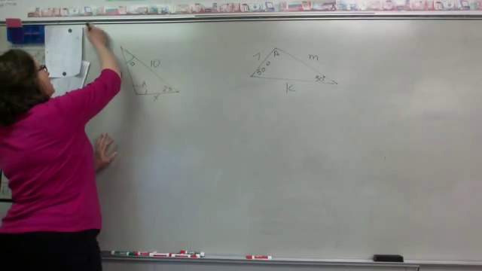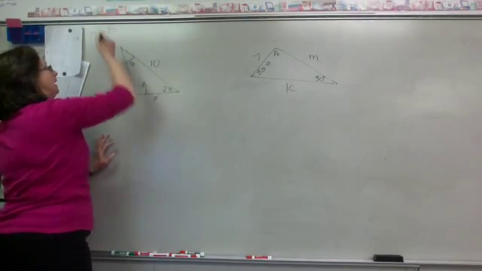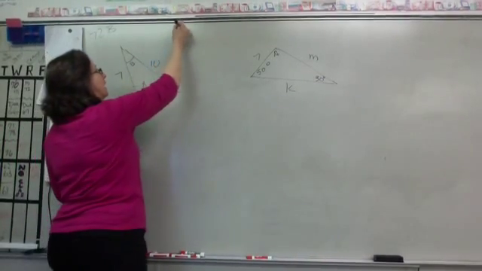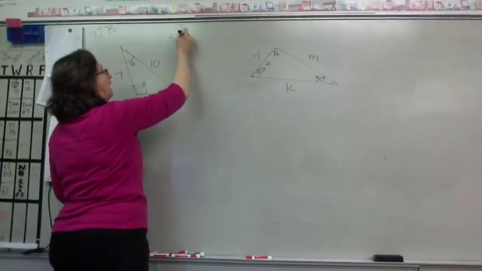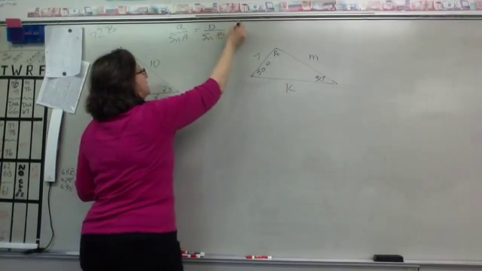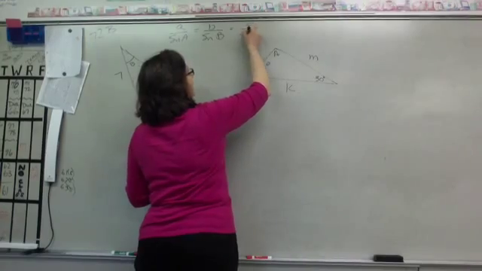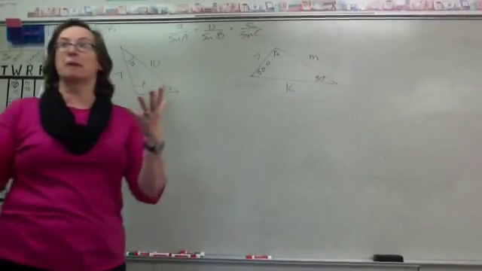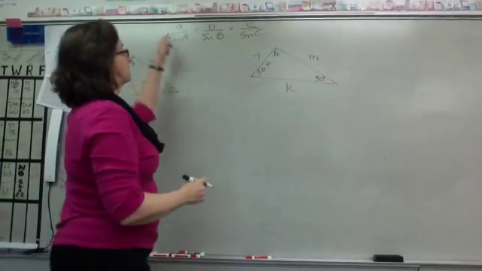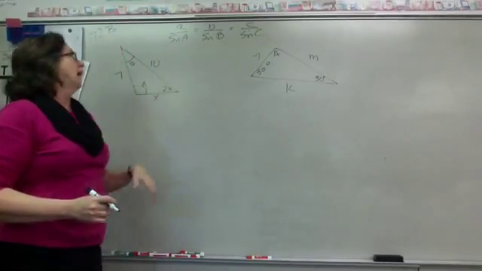So here we are on 72, Part B. We're coming back to the law of sines, which remember is a over sine A is equal to b over sine B is equal to c over sine C, which means we can set up ratios between each one of the sides and its opposite angle's sine.